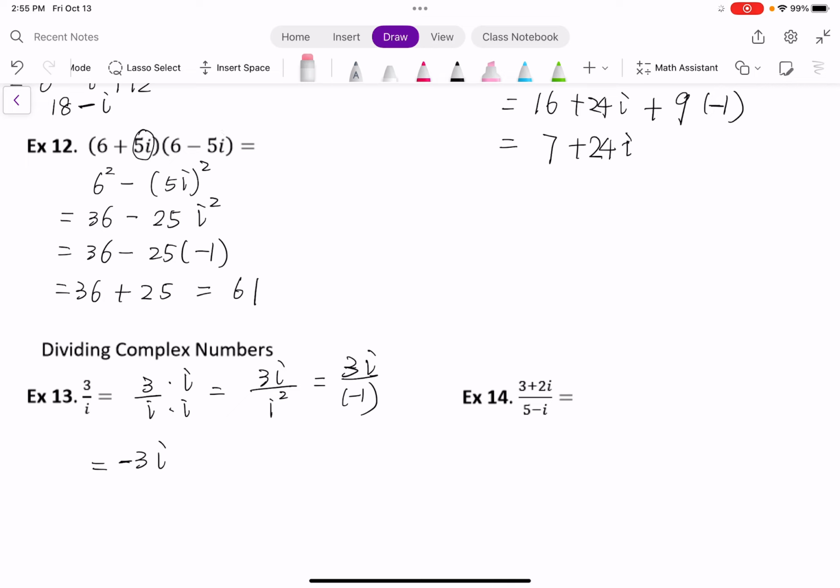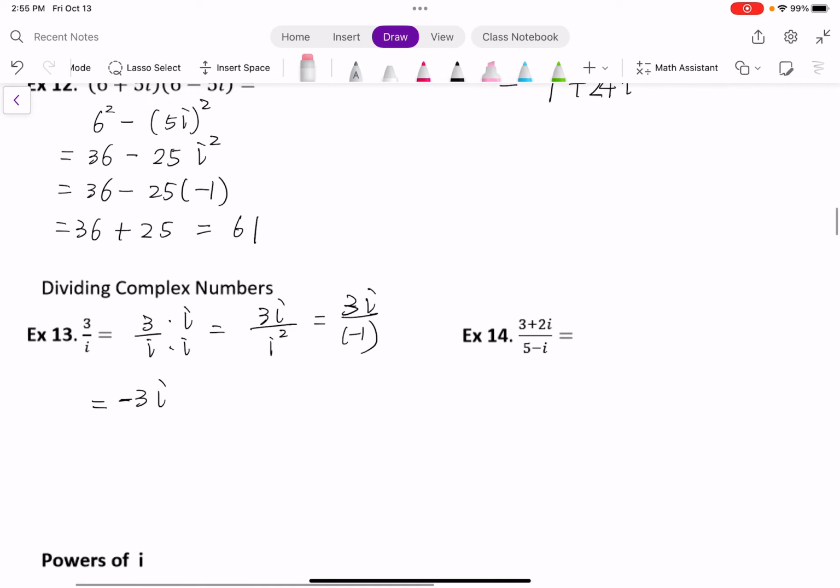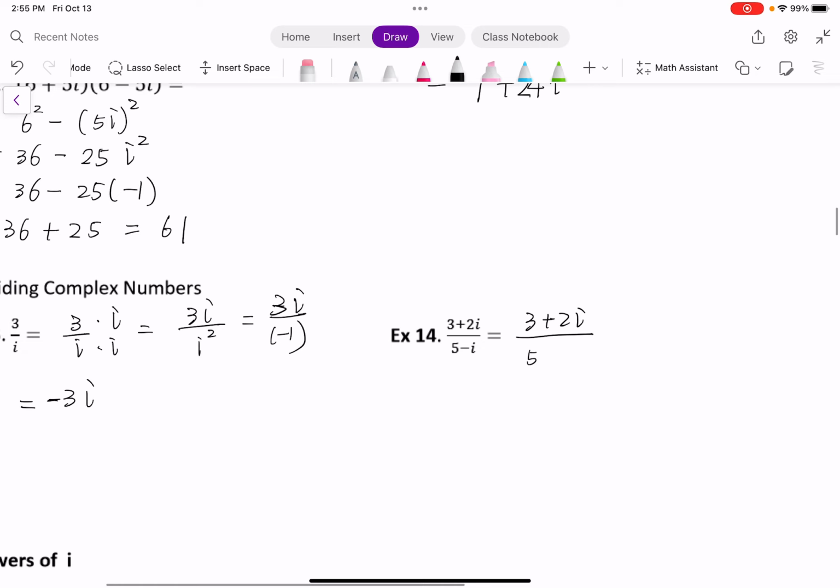That means the bottom is a complex number: the first part is a real number, the second part is the i part. So I can multiply by the conjugate of the bottom. Let's copy this question: 3 plus 2i over 5 minus i. Multiply top and bottom by 5 plus i. This is the conjugate of the bottom.